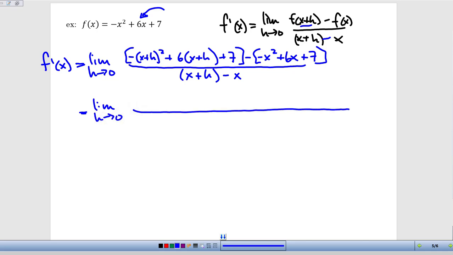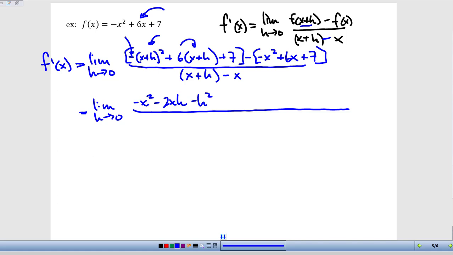So for starters, we've got to FOIL out that (x plus h) squared and then hit it with a negative. Well, we have FOILed x plus h a couple times, so hopefully at this point we know it's going to be x squared, which is going to become negative, 2xh, which is going to become negative, and h squared, which is also going to become negative, all because of that negative sign there.